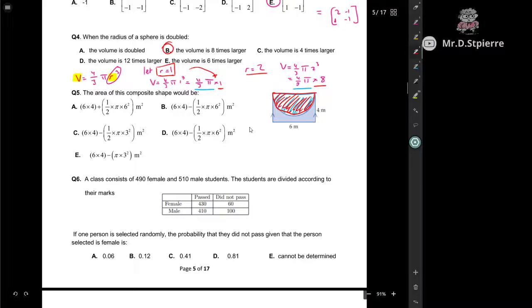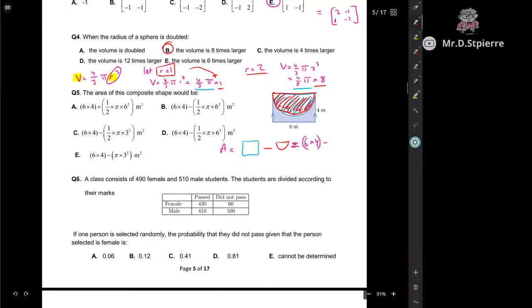Okay, so to draw this as an equation, we're doing a rectangle, take away a semicircle. If we keep that in mind, we can now write this in numbers instead of as a picture. Area of a rectangle is quite easy. That is length times width, so we've got 6 times 4.